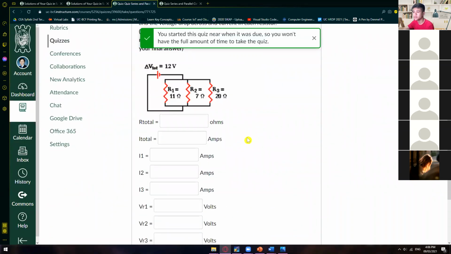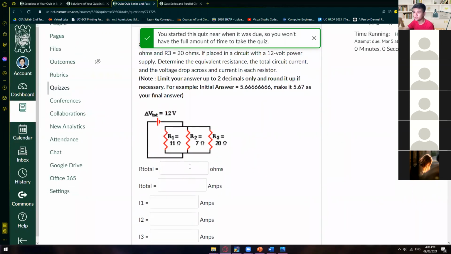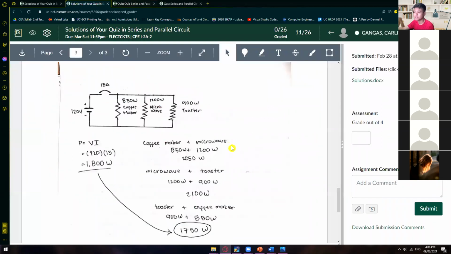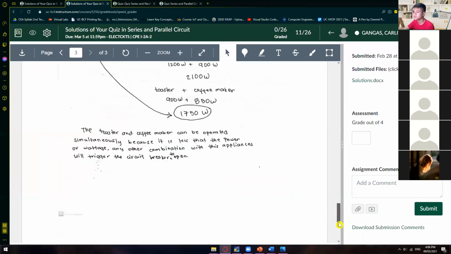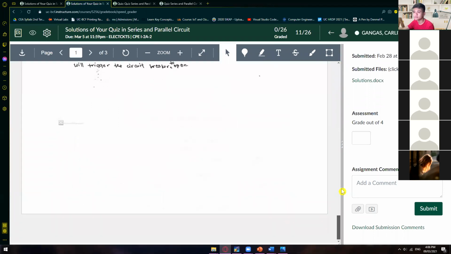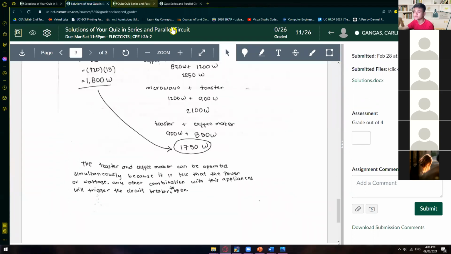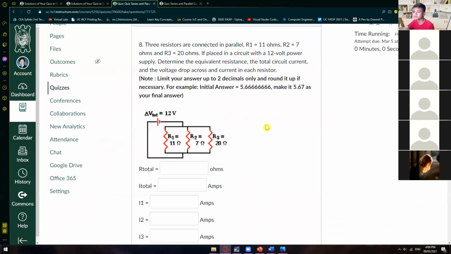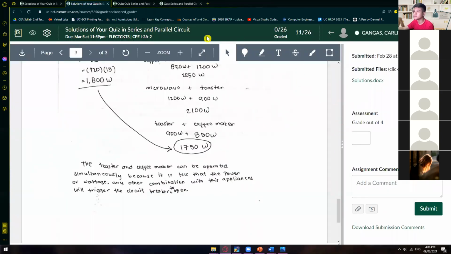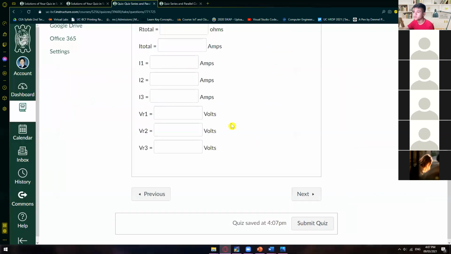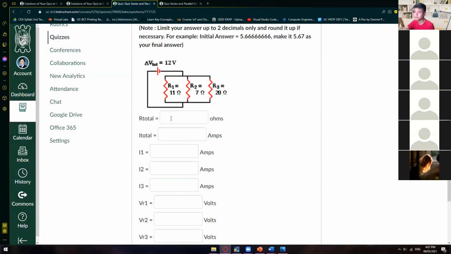And for this one, for you to be able to get the R total, just apply the formula. Anyway, we can do this one manually.